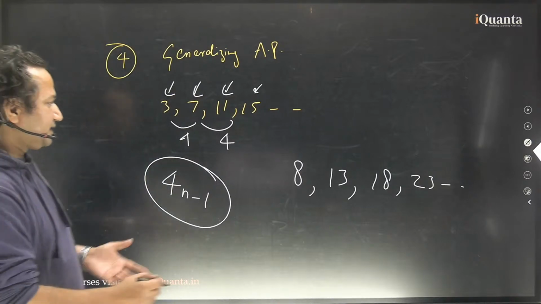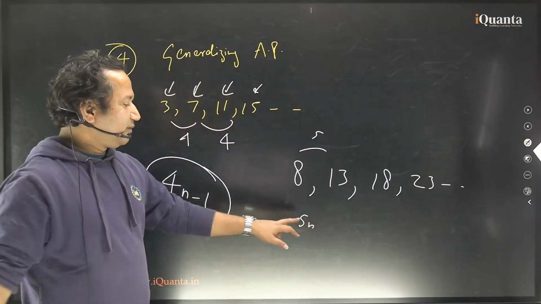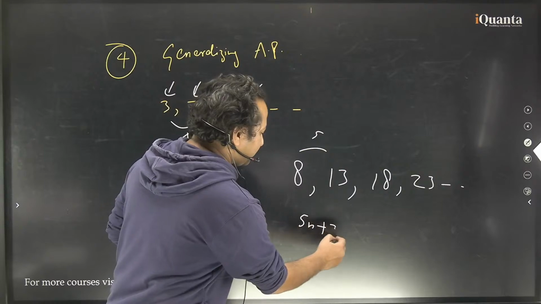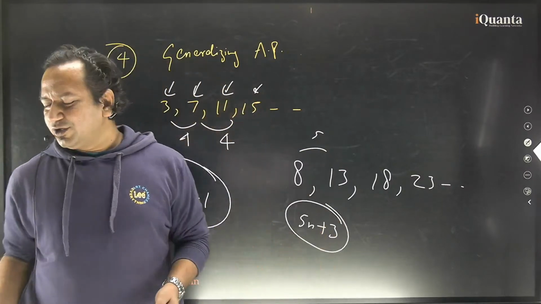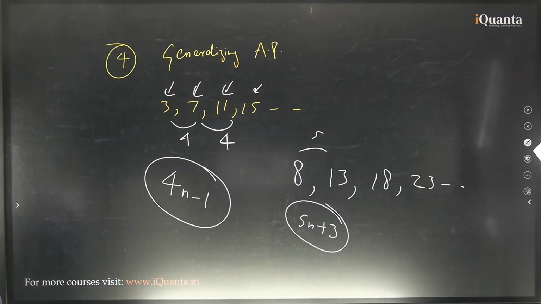So the difference is 5. Just put 5, put an n, 5n. If I put 1, 8 should come; put 2, 13 should come; 3 is extra, so I'll just put +3. And that is how you can save close to 1 minute by doing it this way.